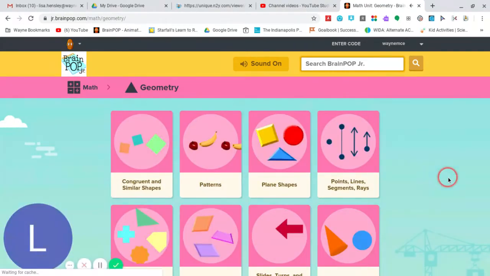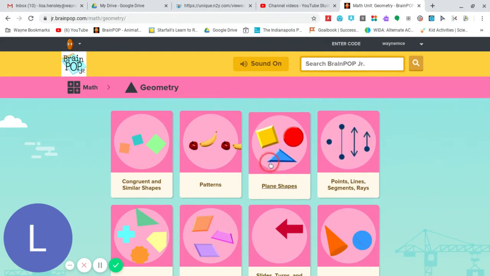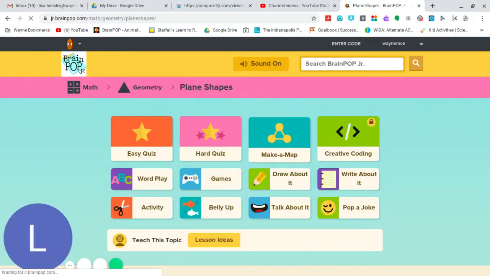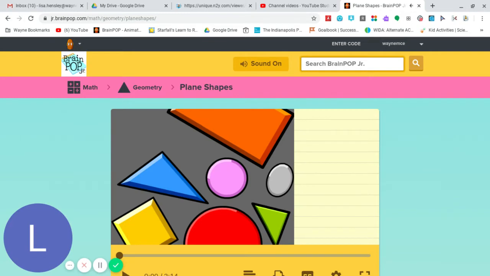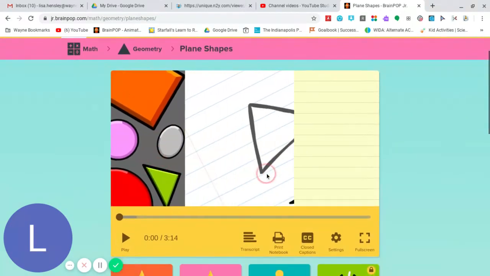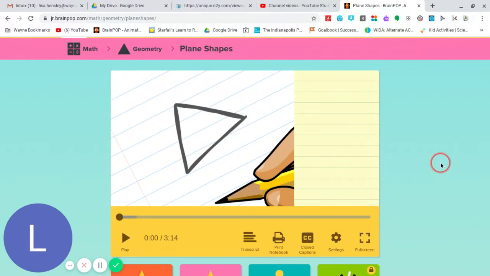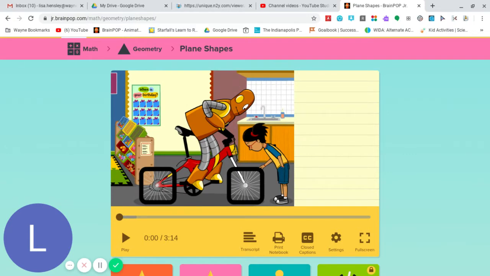And you're going to look for the video that says plane shapes. It's number 1, 2, 3. You can click on that picture. It will bring up the video and you can push play, and Annie and Moby will give you some great background information or reignite that background knowledge that you have about plane shapes.